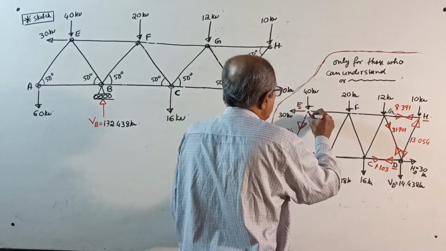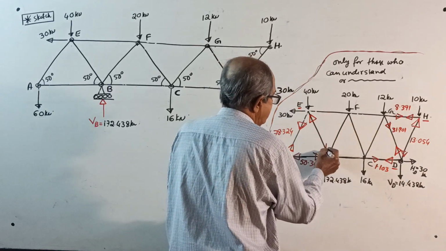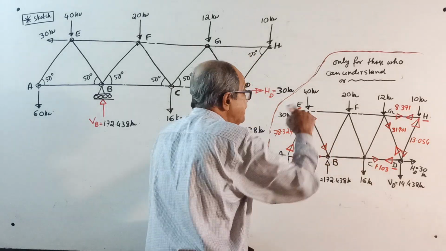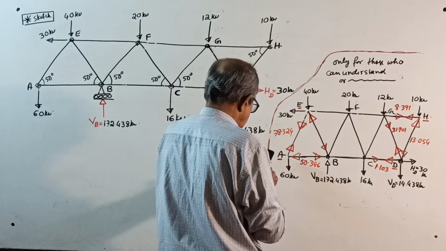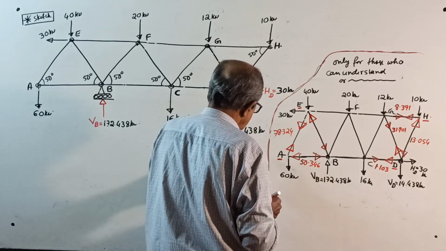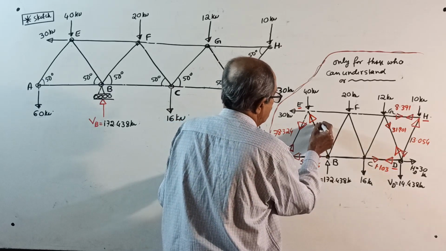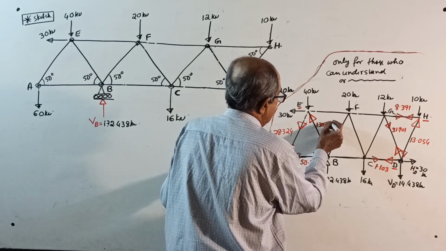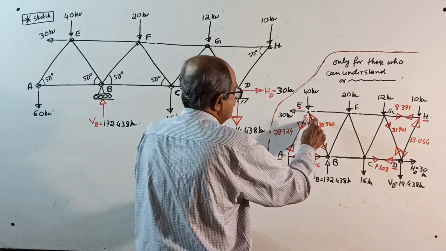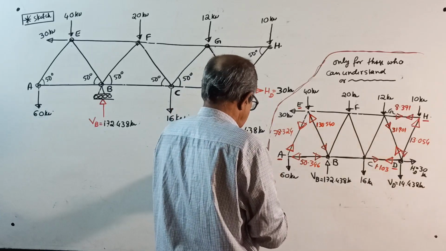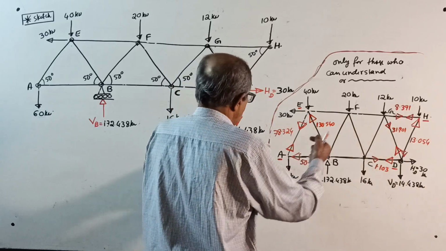So this should have a component this way to balance it. This component's sin theta should be that one, so divide by sin 50: 130.540 kilonewton. Now this has got a horizontal component left side into cos 50, 83 point something.